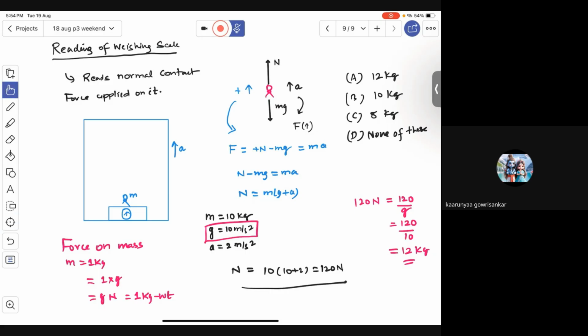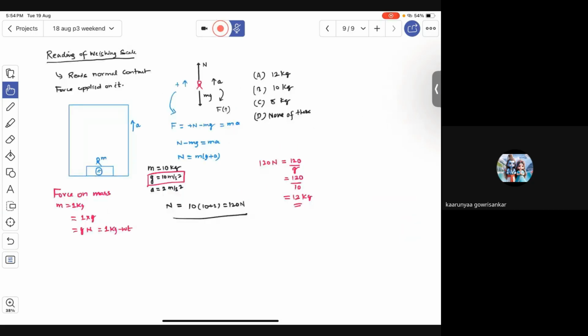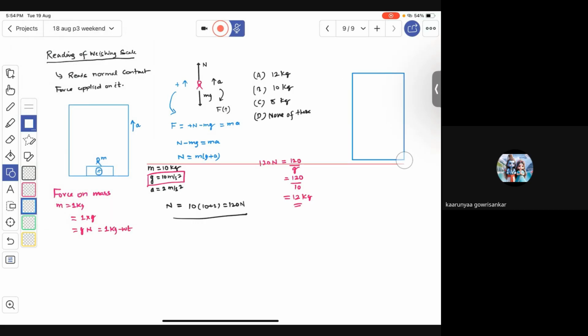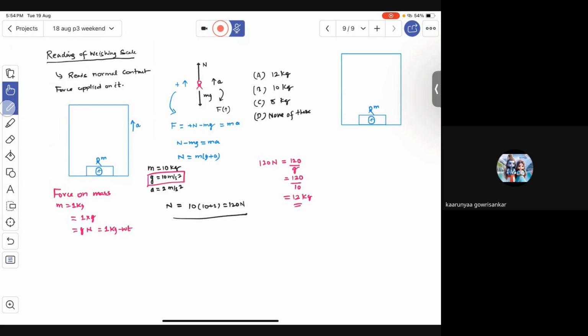Now suppose the lift is going down with some acceleration. The same exact thing I will do.